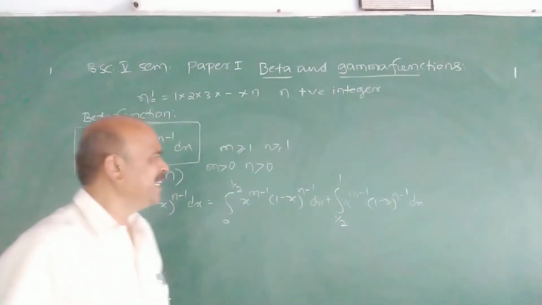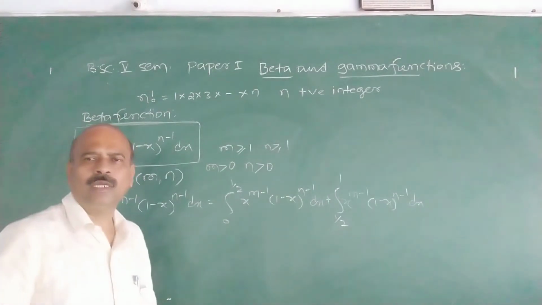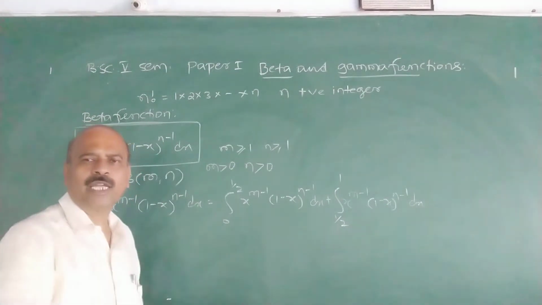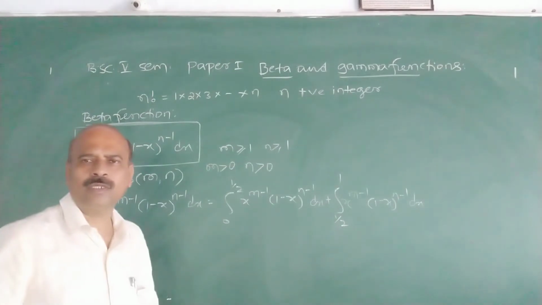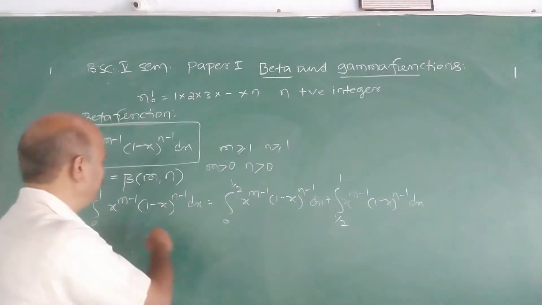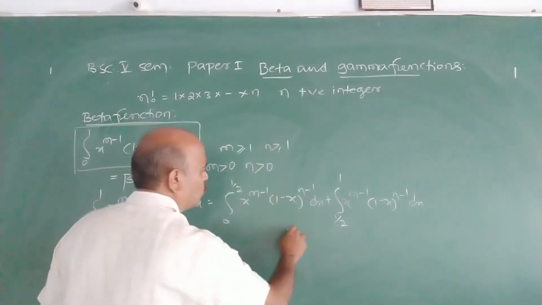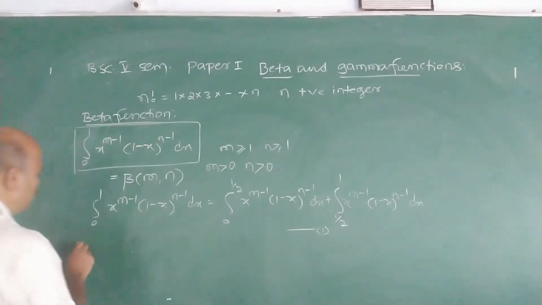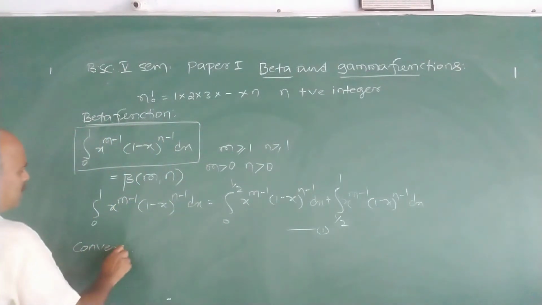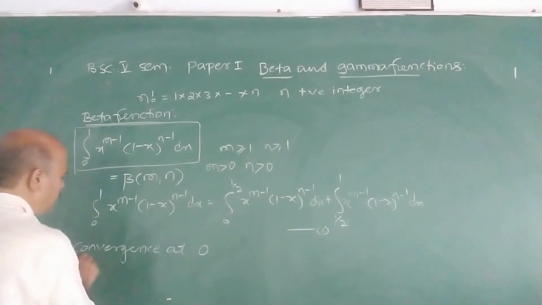You have studied in detail improper integrals of two types and the different tests for convergence, for the second kind and first kind. Using that, we write 0 to 1 as 0 to half plus half to 1. Take this as I1.